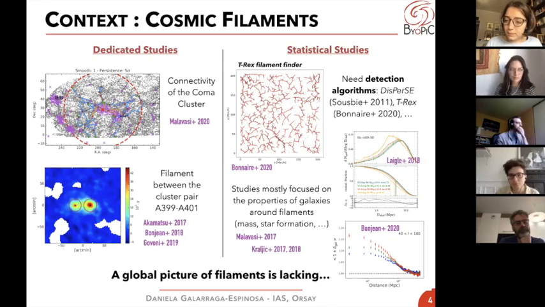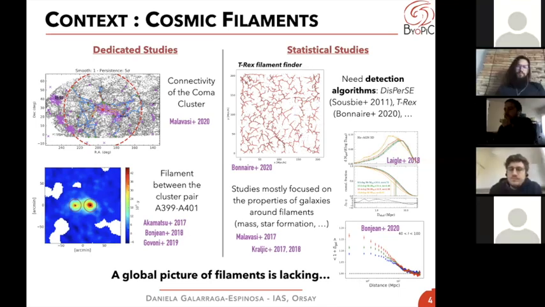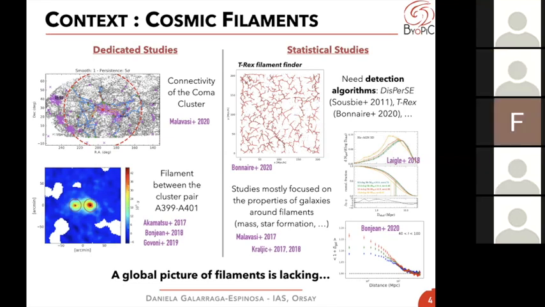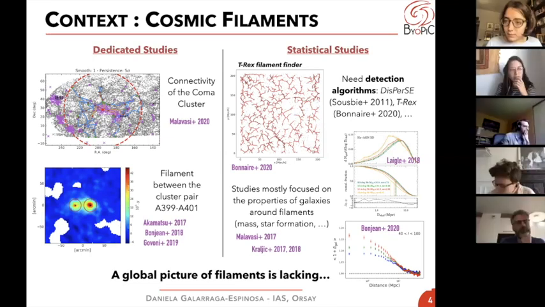Yeah, so in this study we focused on the local universe, so redshift 0, but there have been some papers that studied, not the length of filaments, but more the radius of what they defined to be filaments.